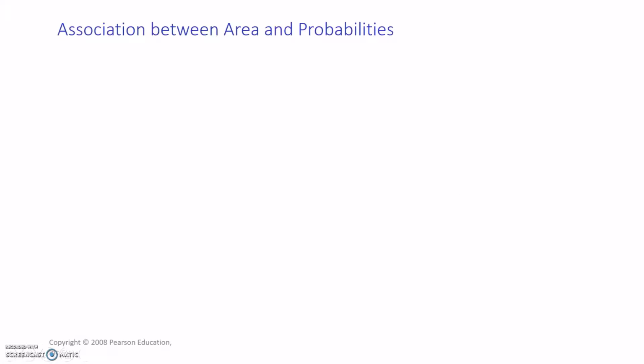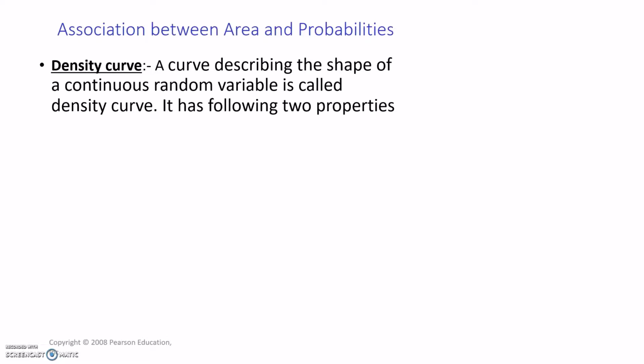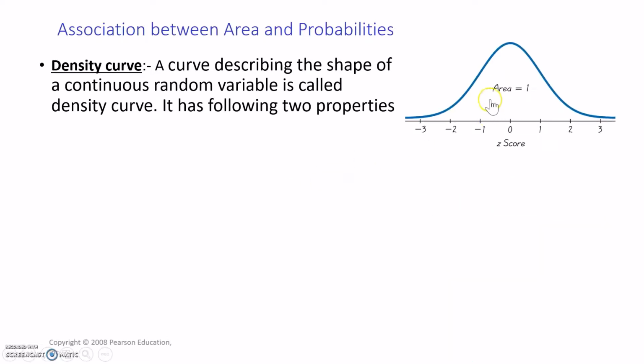Now let's see what the association is between area and probabilities. So let's see what the density curve is. Look at this one. This shape of a normal curve I'm talking about, this density curve, describes the shape of a normal curve.